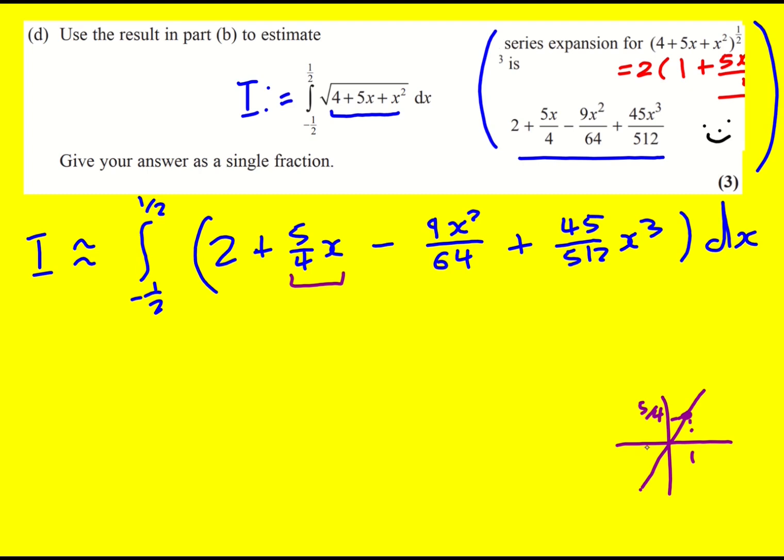And then if x is minus 1, I get minus 5 over 4. So f of minus x is actually equal to minus f of x.